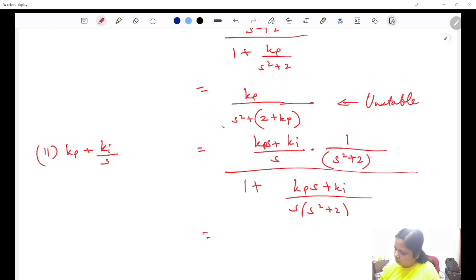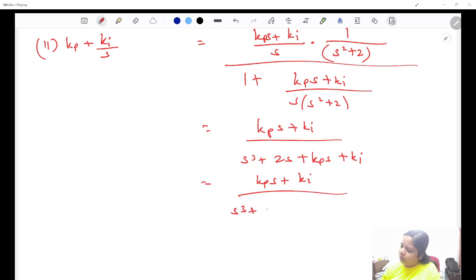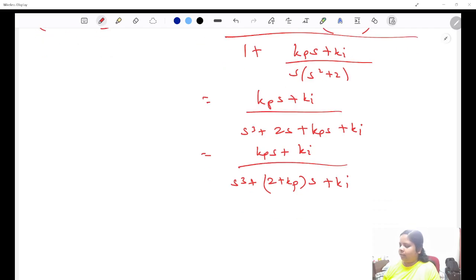If you solve it, you'll get Kps plus Ki upon S cube plus 2S plus Kps plus Ki. So it would be Kps plus Ki upon S cube plus (2 plus Kp) into S plus Ki. Again, the same problem, the S square coefficient is missing. So the system is unstable. So this is also not the correct option.